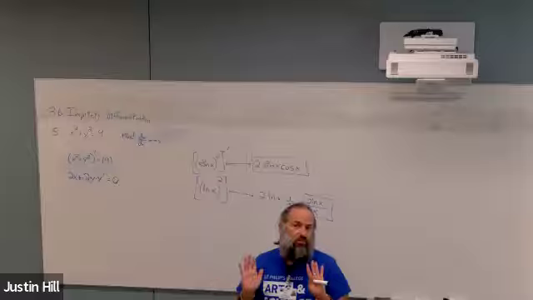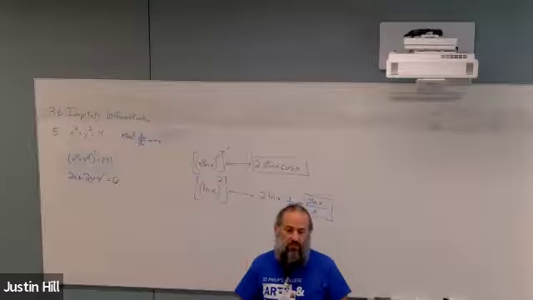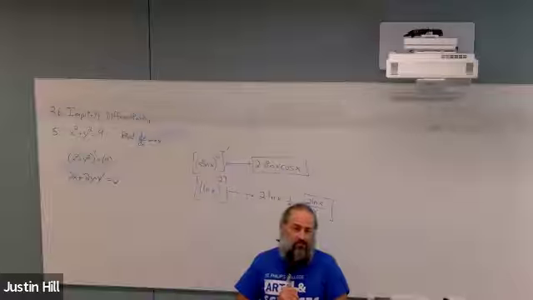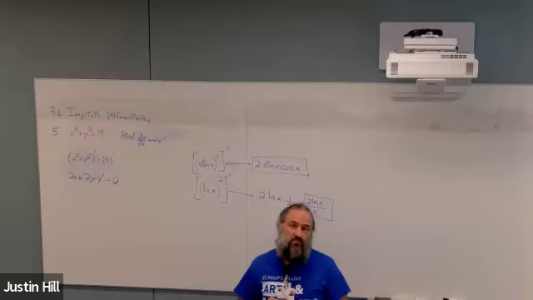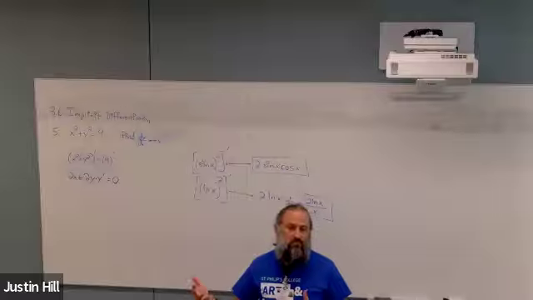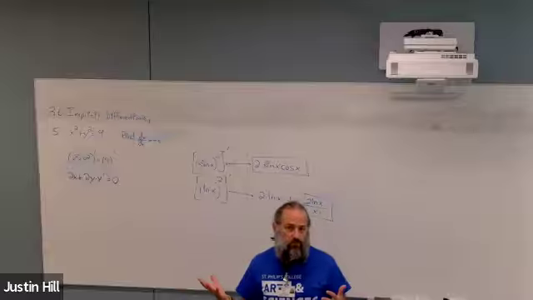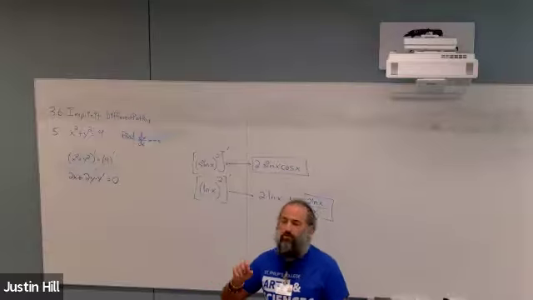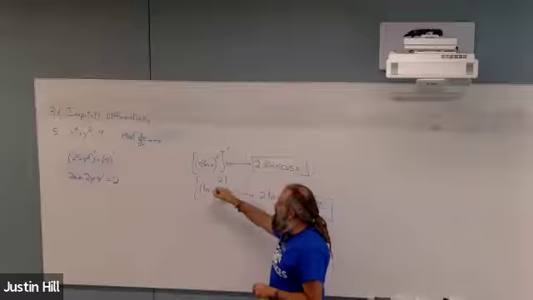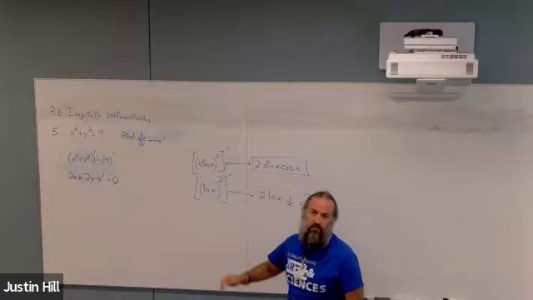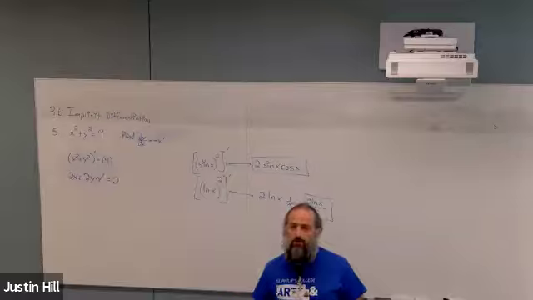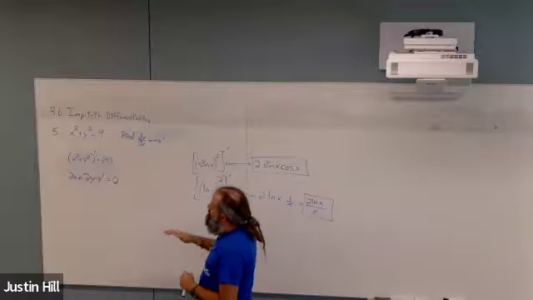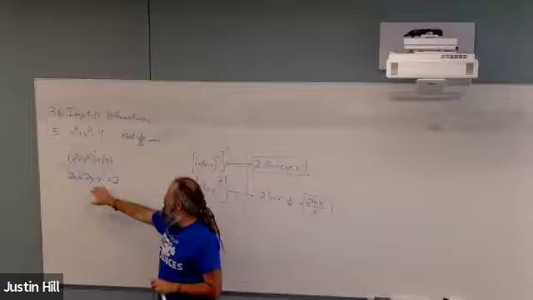Even though we couldn't get y by itself or have y as a nice clear function, I can still take the derivative of both sides, and in a lot of cases, all the cases you're going to see in this section, you can actually get y prime by itself. Then you've solved for the derivative. You didn't have to go through finding the derivative of certain functions and thinking about patterns. Just take the derivative of both sides.